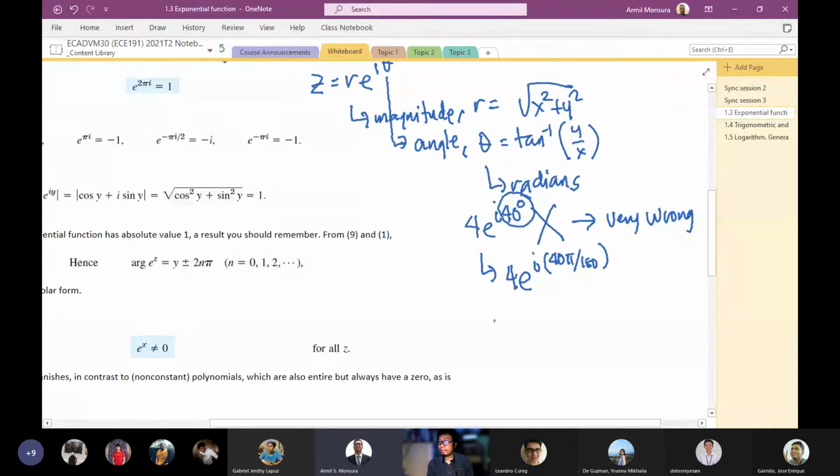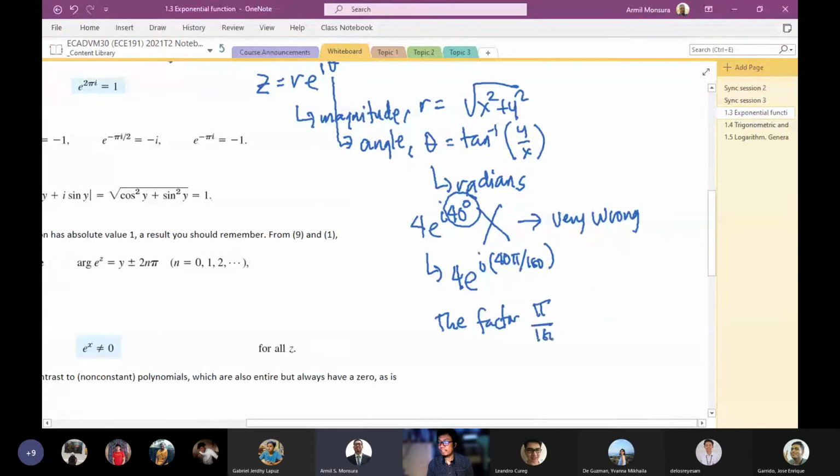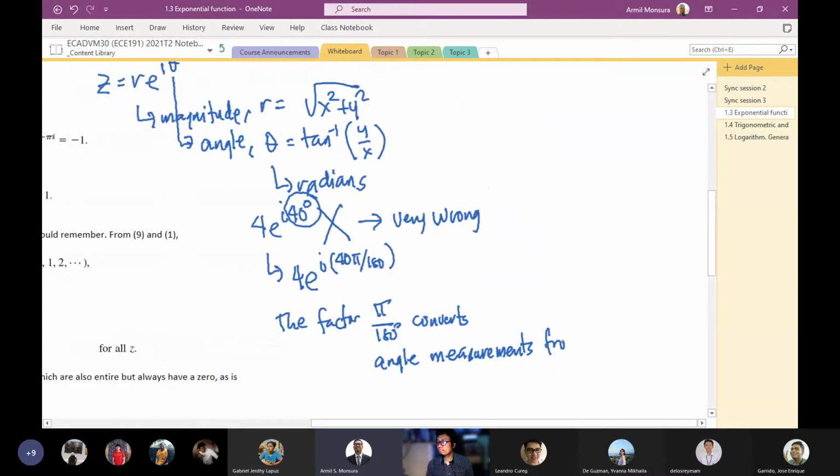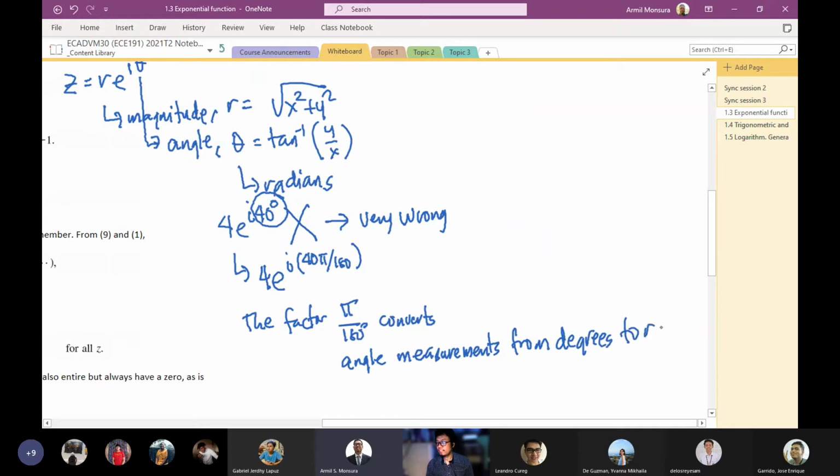So remember ha, the factor pi over 180 degrees converts angle measurements from degrees to radians.